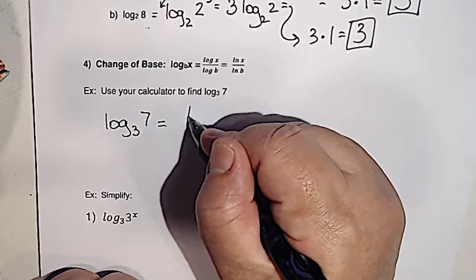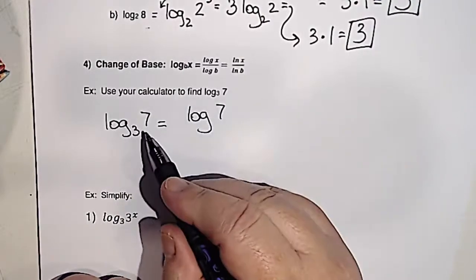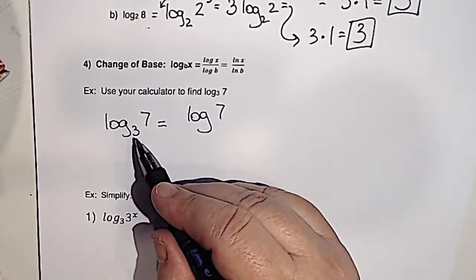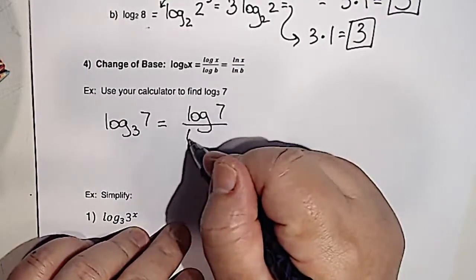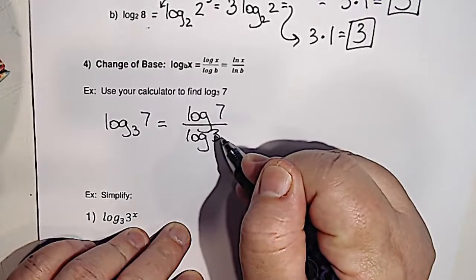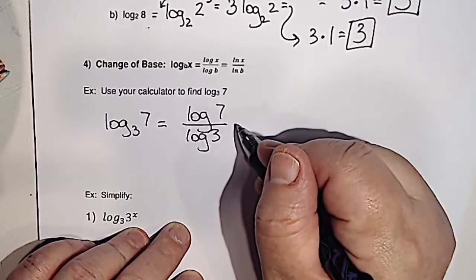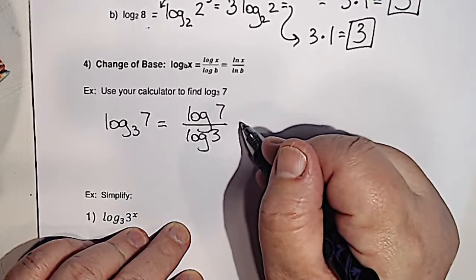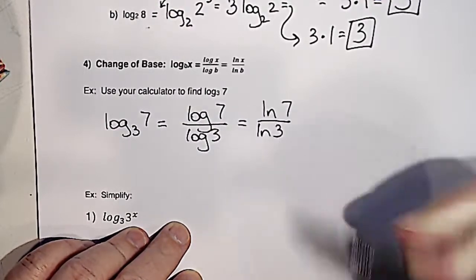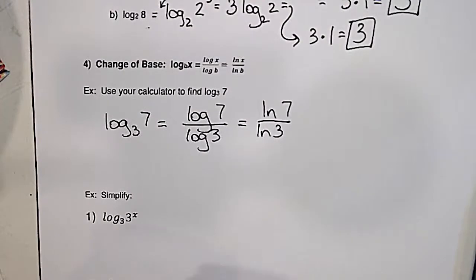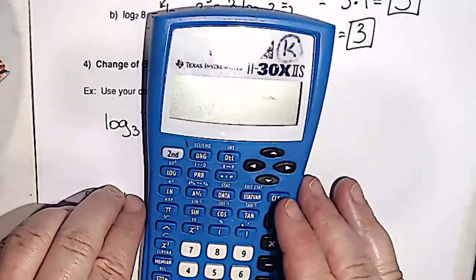You can write it as log of 7 over log of 3, or write it as natural log of 7 over natural log of 3. Honest to goodness, the ratios stay the same.